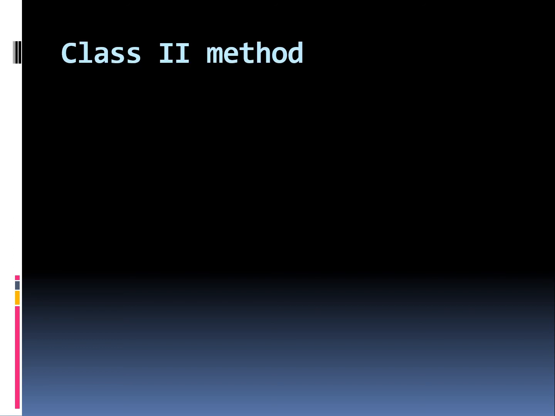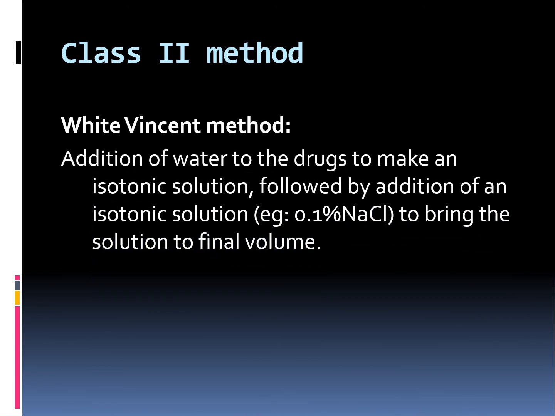The class 2 method is known as the White-Vincent method. This method involves addition of water to the drug to make an isotonic solution, followed by addition of an isotonic solution to bring the solution to final volume. So first we make the solution isotonic by adding water.